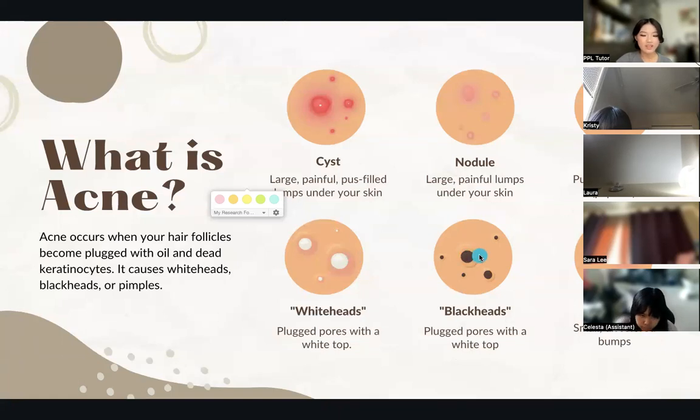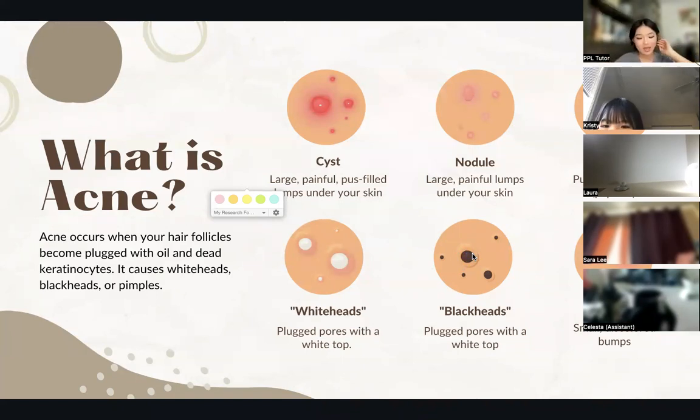And that oil and dead skin cells, once exposed to the air, tend to undergo a series of chemical reactions that we call oxidation, which causes the color, which is originally a light beige, to turn black. And which gives the appearance of blackheads.